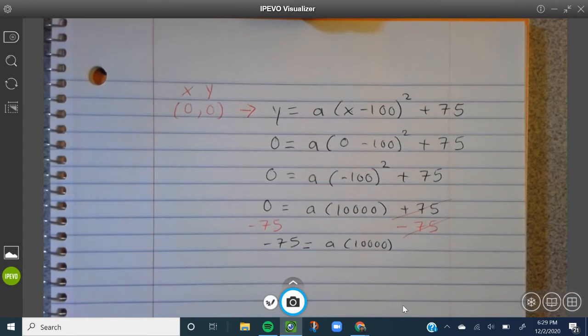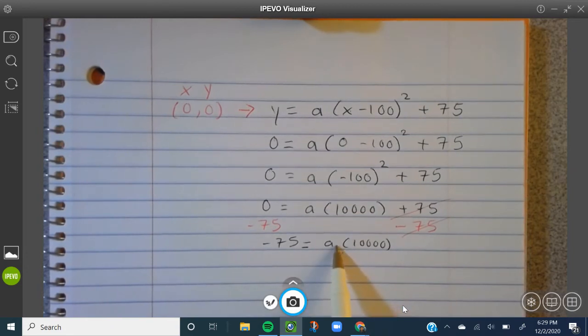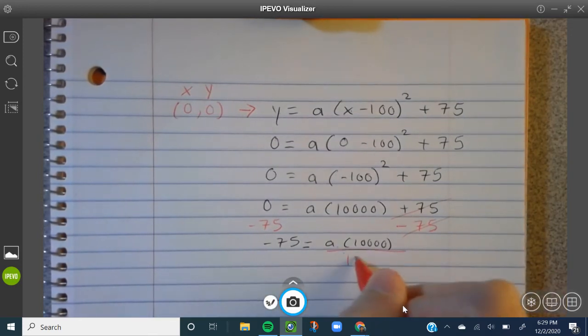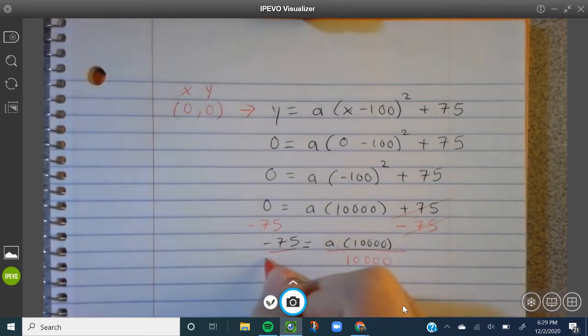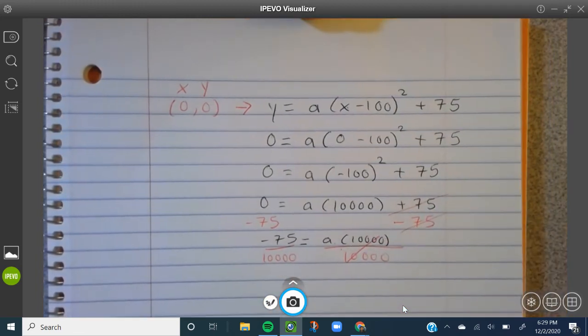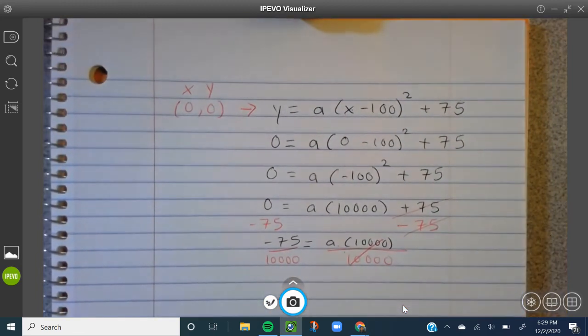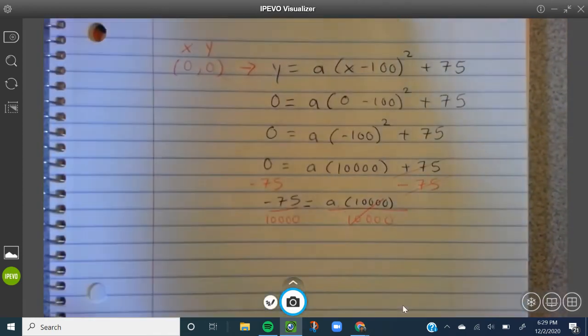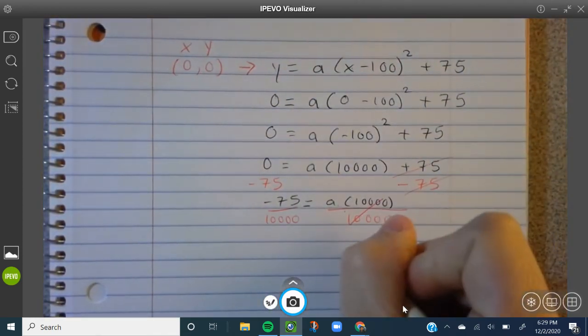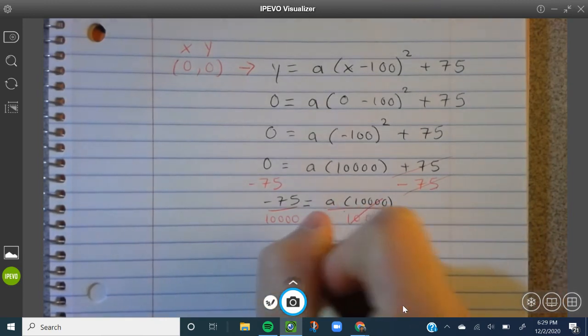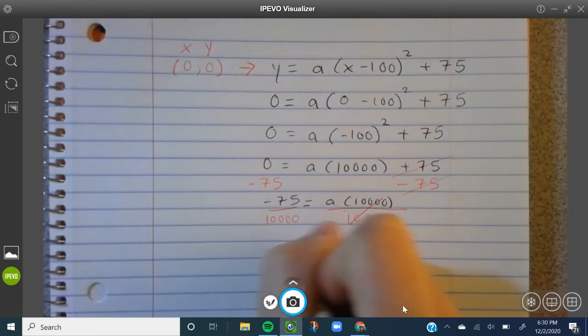And for my last step, I want to undo this multiplication by 10,000. So I'm going to divide by 10,000 to cancel that out. And that actually solves for A, which is negative 75 over 10,000.